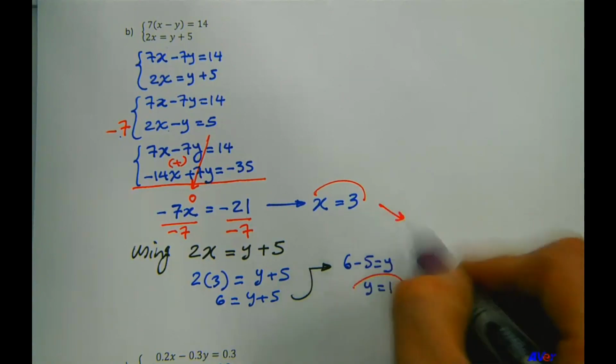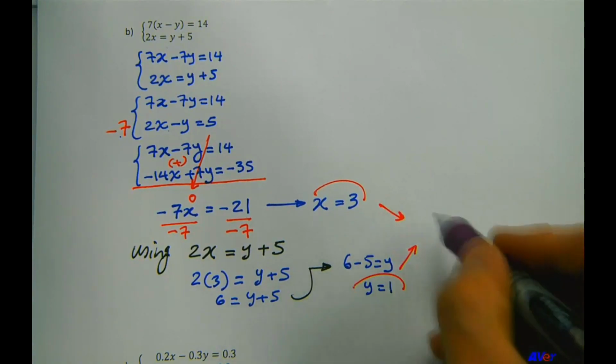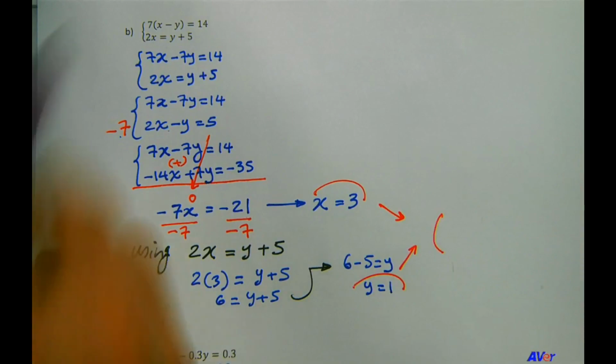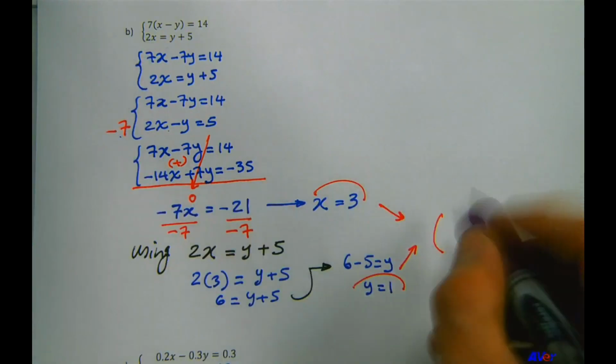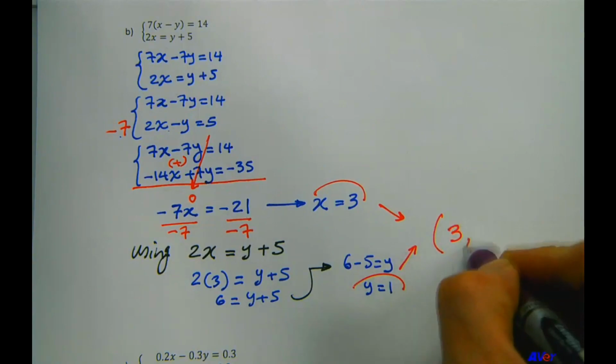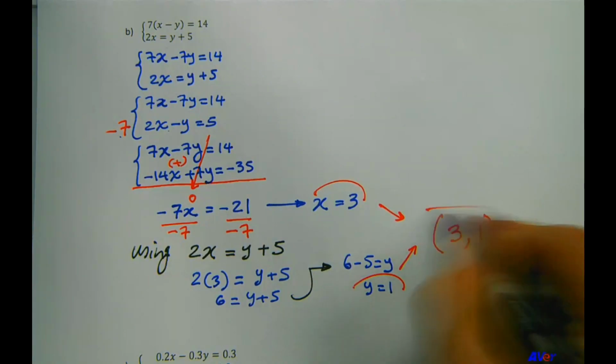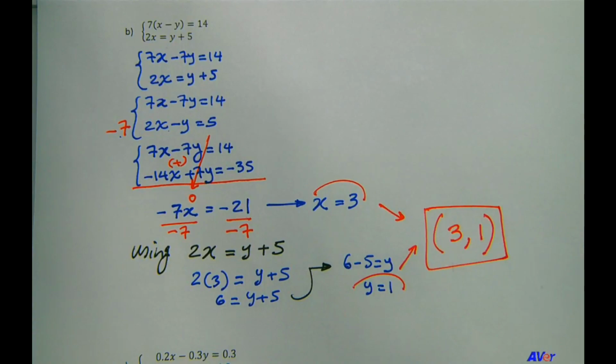When we combine these two, then that system, those two lines intersect each other at this point, 3, 1. All right. So that's what is called the solution of the system.